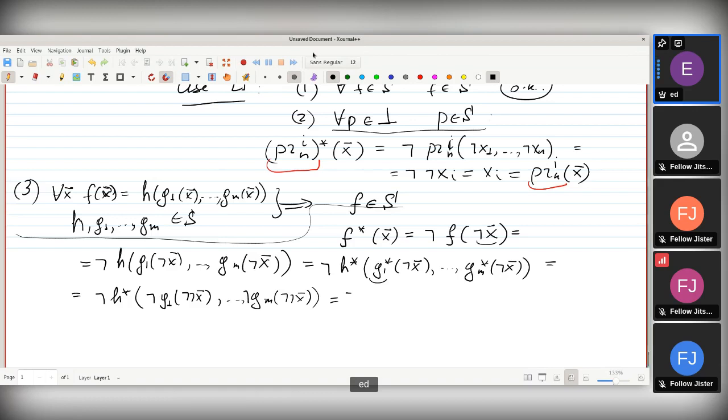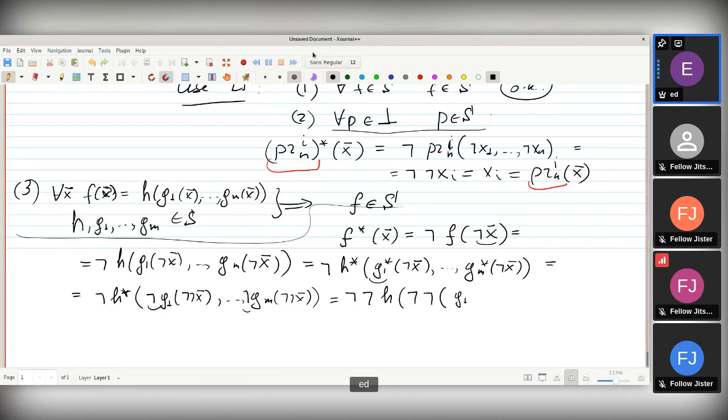So it will be not h, and here I'll take not 2 times, one from this star and one here.